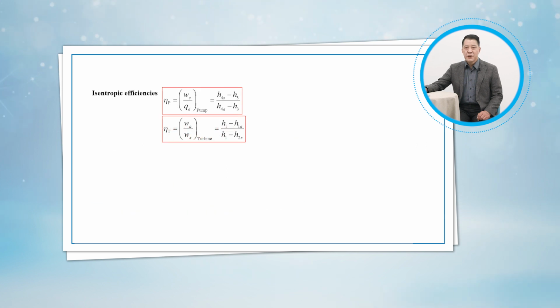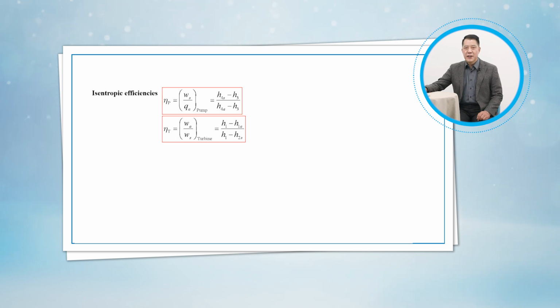Of particular importance are the irreversibilities occurring within the pump and the turbine. A pump requires a greater work input, and the turbine produces a smaller work output as a result of irreversibilities.